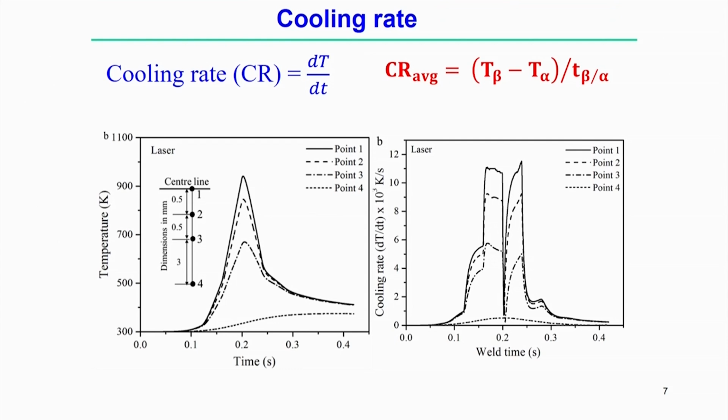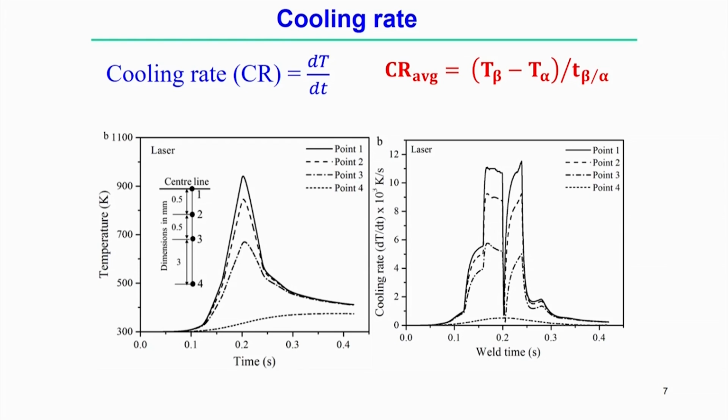During the decrement of the temperature, the slope, dT by dt, that is the change of temperature with respect to time, graphically represents the slope on this curve. That slope represents the rate of cooling.